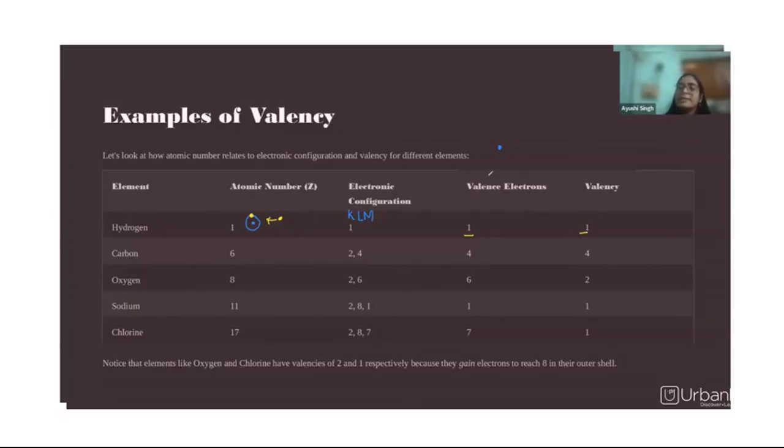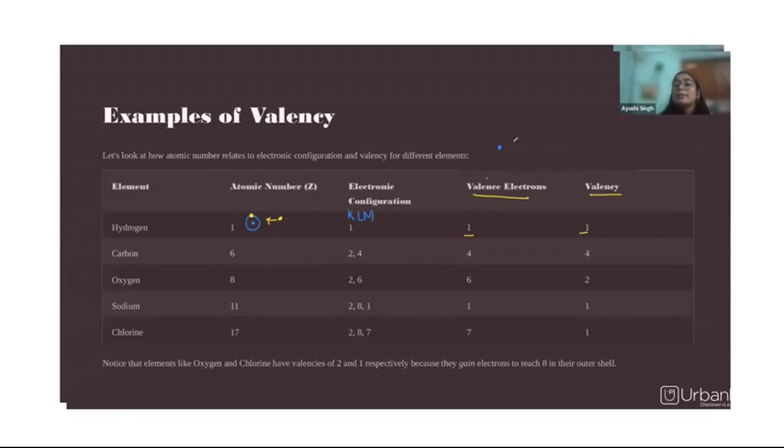A valence electron is an electron present in the outermost shell of an atom. Valency is the combining capacity, that means how many more electrons it can take or lose to get stable. This is the difference between valence electrons and valency. Again, I'm repeating, do not get confused.